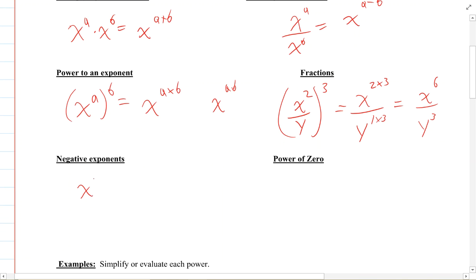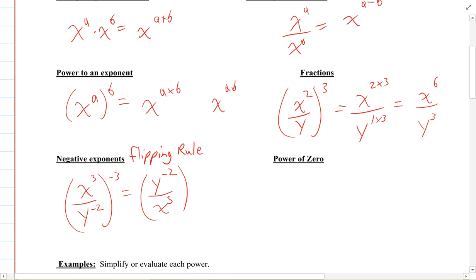So if we have x cubed, y negative 2, all to the exponent negative 3. So you flip them, right? So this is the flipping rule. So flip it first. Now our outside 3 exponent is positive, and then you can flip the y. Now when you flip the y, what's left over? Any ideas?